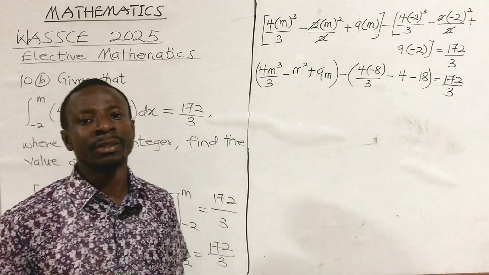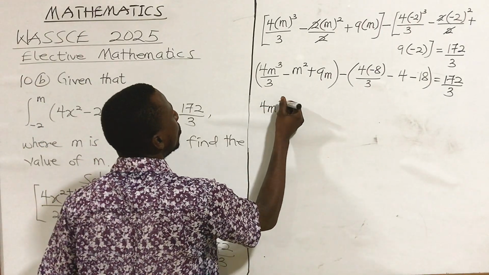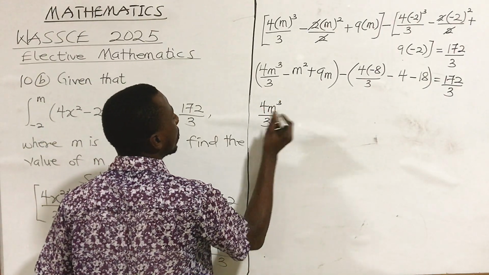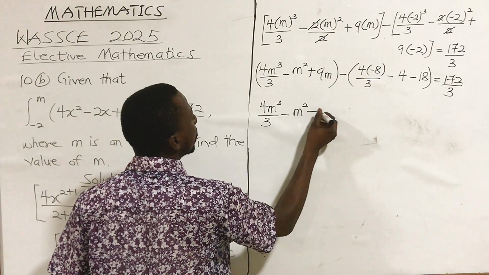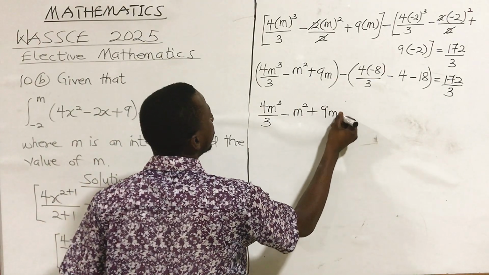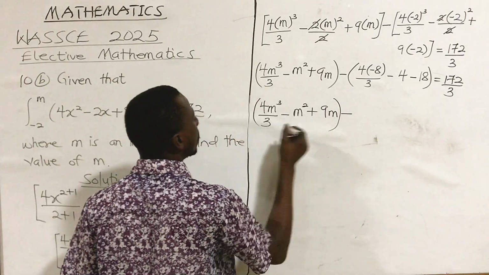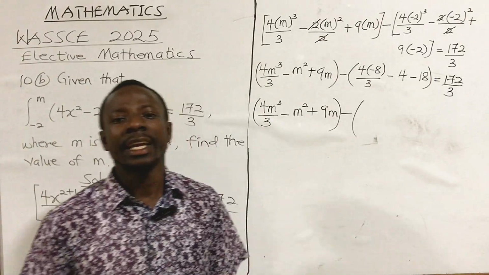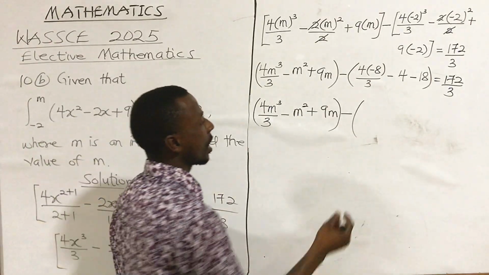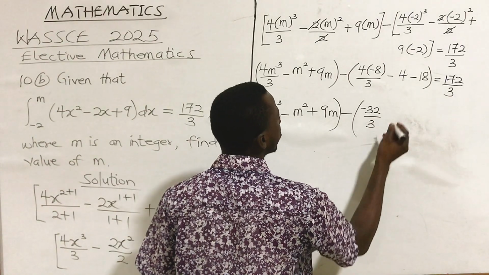So we are still simplifying. We have 4m cubed over 3 minus m squared plus 9m minus another bracket: 4 times negative 8, we have negative 32 over 3.